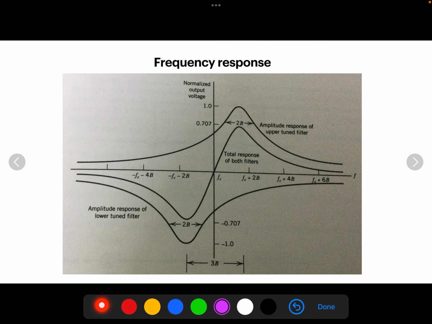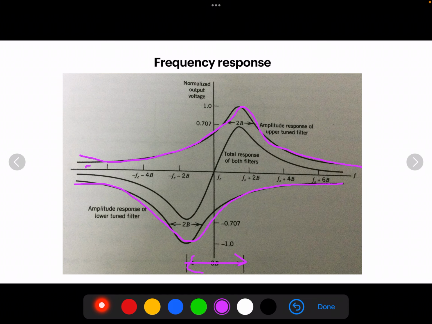If you see this frequency response, we will understand there is a 3 dB difference, and this is the response when you are concentrating only on the upper tuned filters, and this is the response for the lower tuned filters.